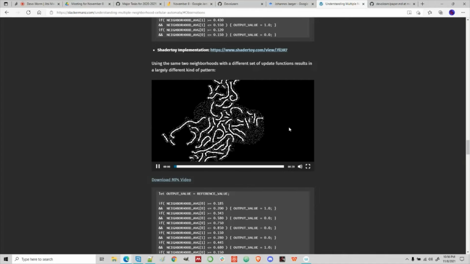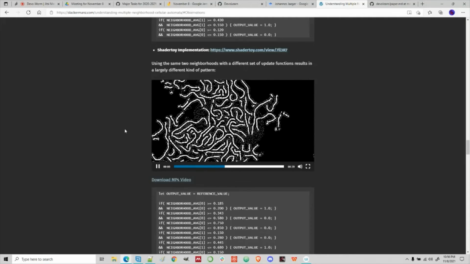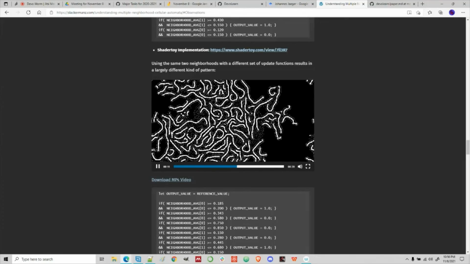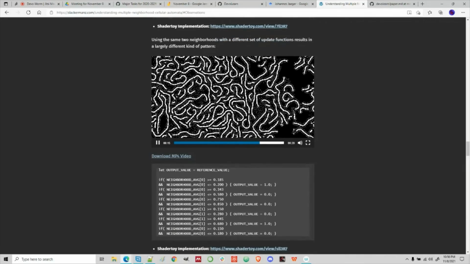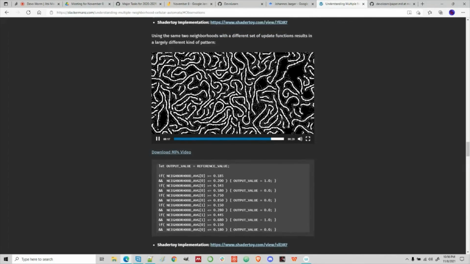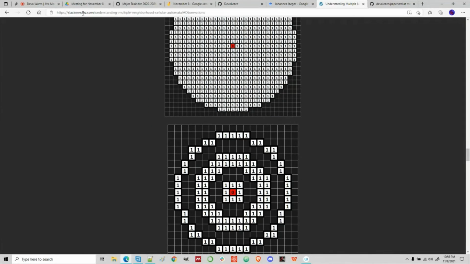You can see that this area is being filled up with this collective movement of agents, or the state of these different cells, and you're getting a much different kind of pattern than in the other cases. So this is nice. This is the link here.